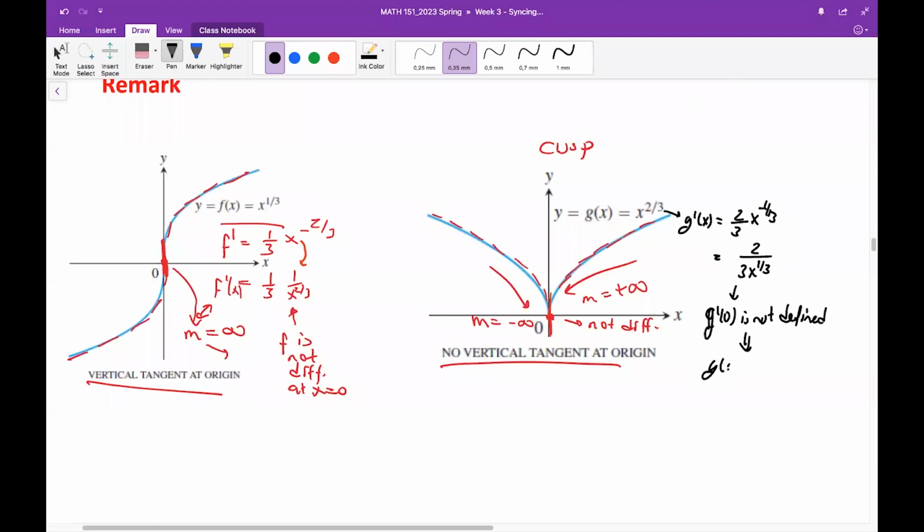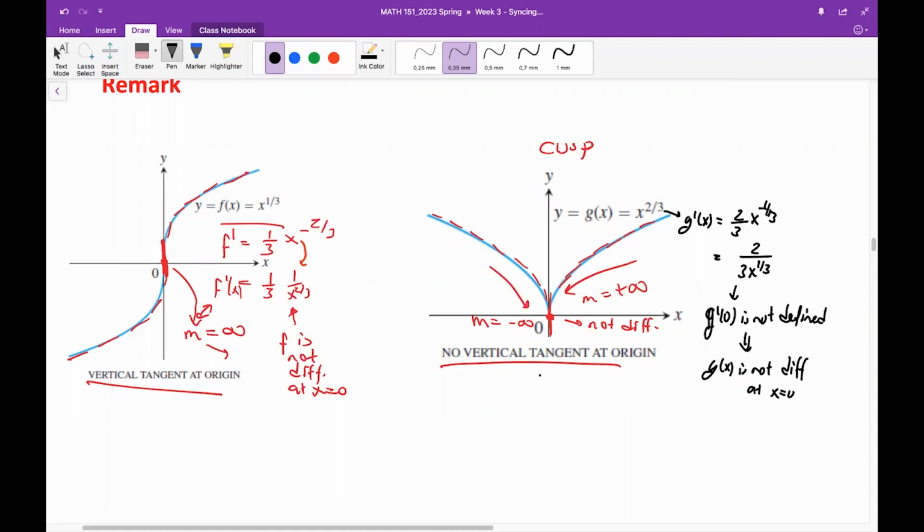So g of x is not differentiable at x equals 0. Two different examples. I wanted to emphasize these two examples for you. They are both not differentiable at the origin, but the difference is that the first one has a vertical tangent while the second one does not have a tangent at the origin.